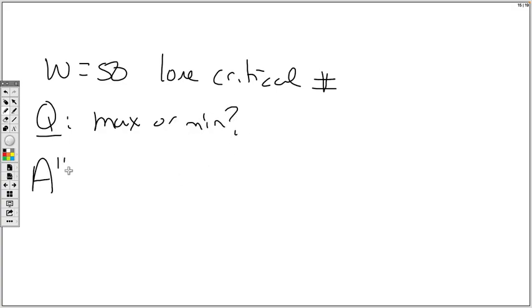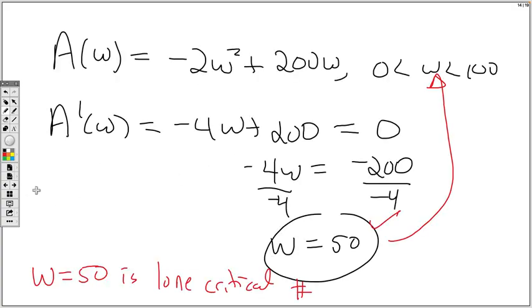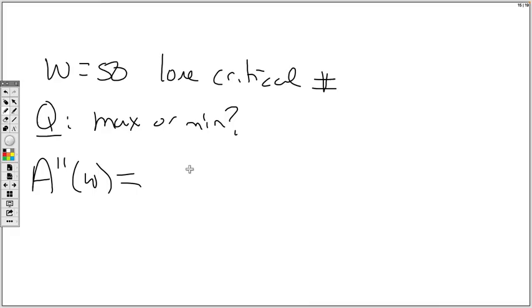We could look at the second derivative, which is really quick to get here. What's the second derivative here? Negative 4.